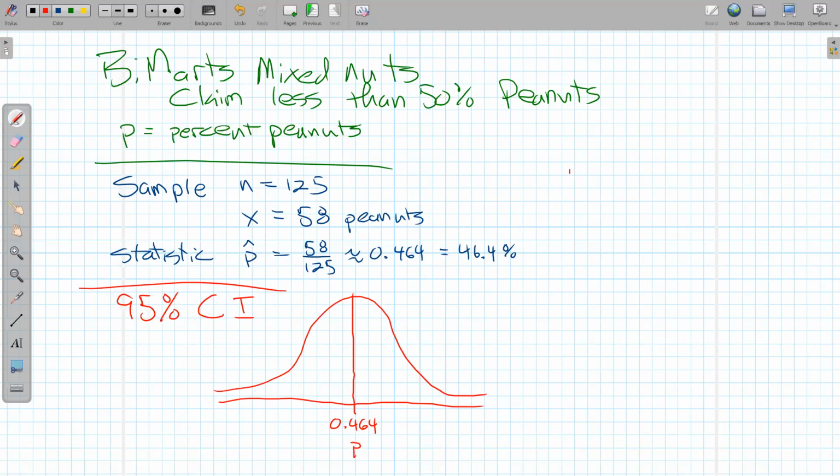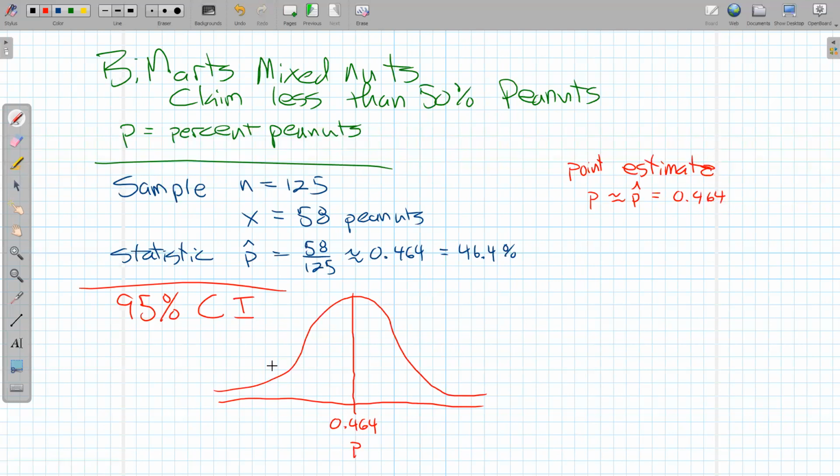So that's the idea of a point estimate. And so I'm saying that the actual, true proportion of peanuts in all the mixed nuts this company makes, I think it's about equal to my sample, which was that 46%. That's called a point estimate.